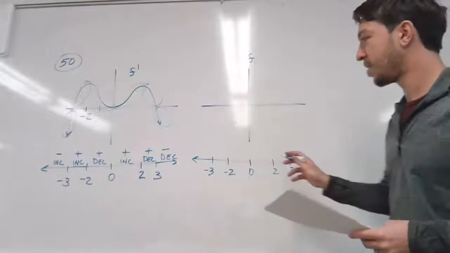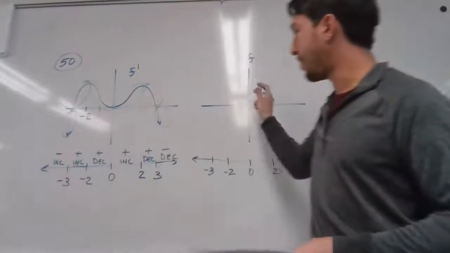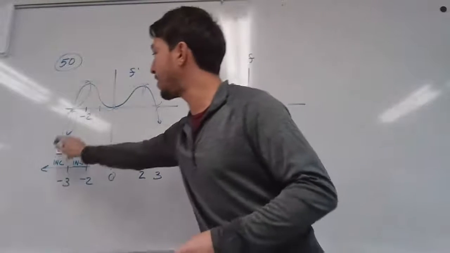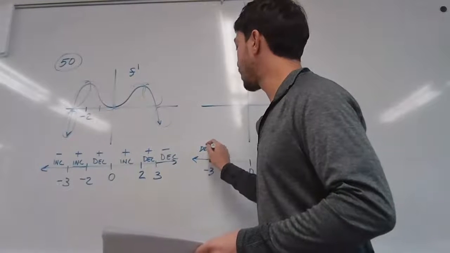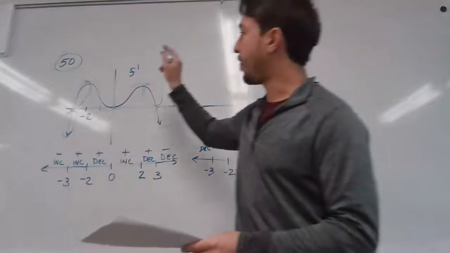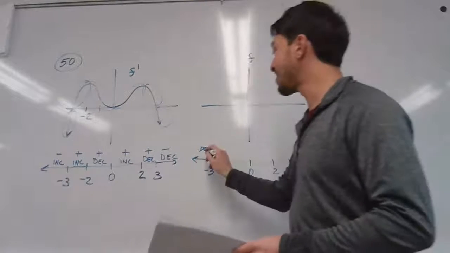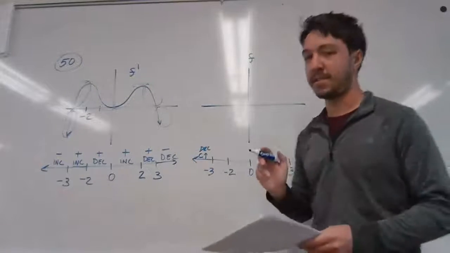Terrible. Okay, so if f prime is negative, then the graph of f is... Do we know this one? If f prime is a negative value, it is decreasing. If f prime is increasing, then f is concave up. Say it one more time.